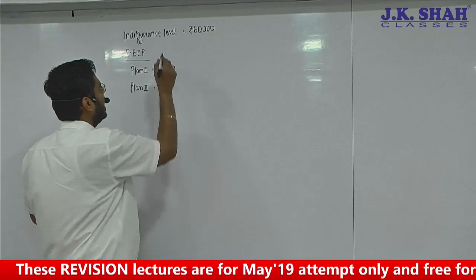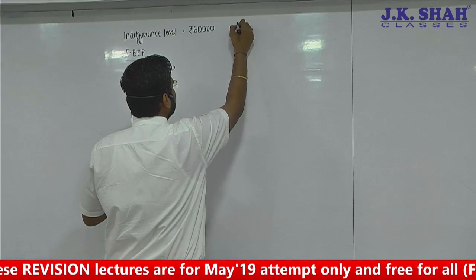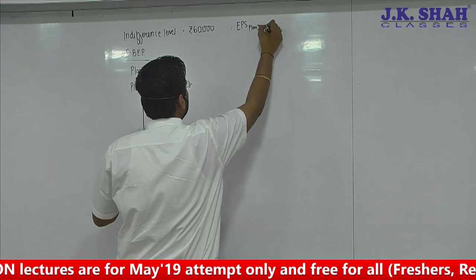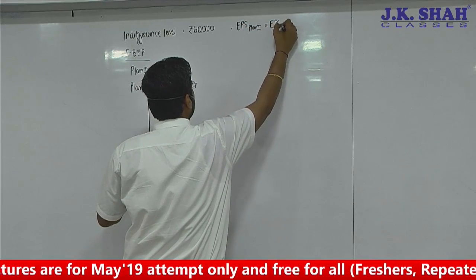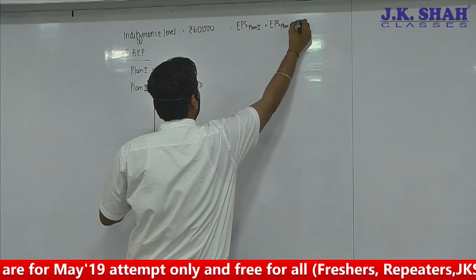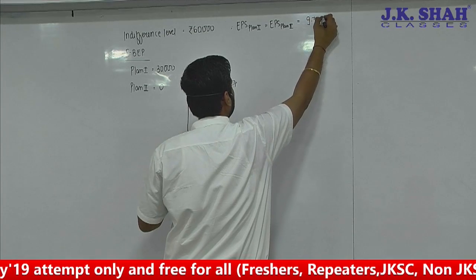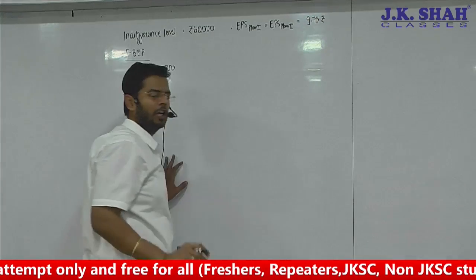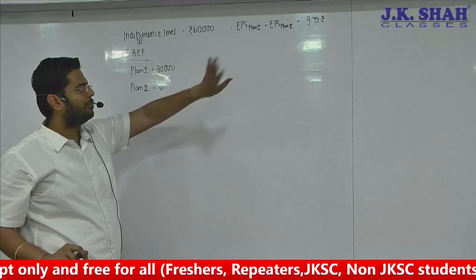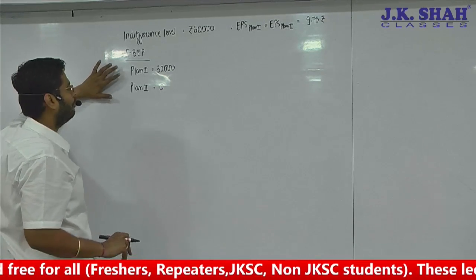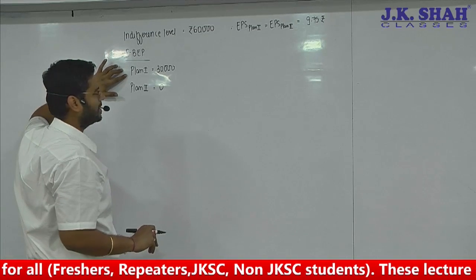If you notice, at this level of EBIT, EPS of plan 1 equated to EPS of plan 2, and if I am not wrong, that value was coming to 9.75. This we got from the second point of the question. Indifference level EPS was 9.75. At FBP, for plan 1 it is 30,000.